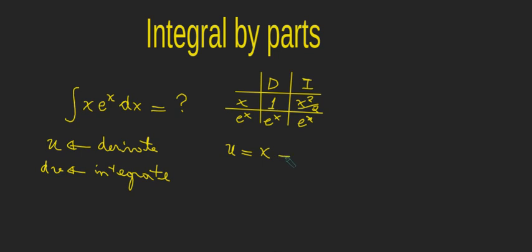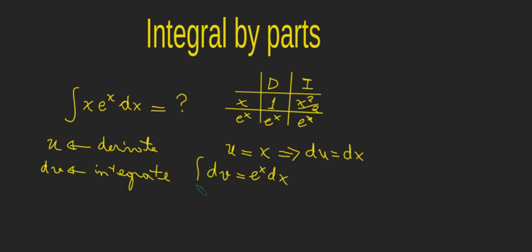So if u is equal to x, du will be equal to dx. Further, dv is equal to the rest of the expression, e^x dx.